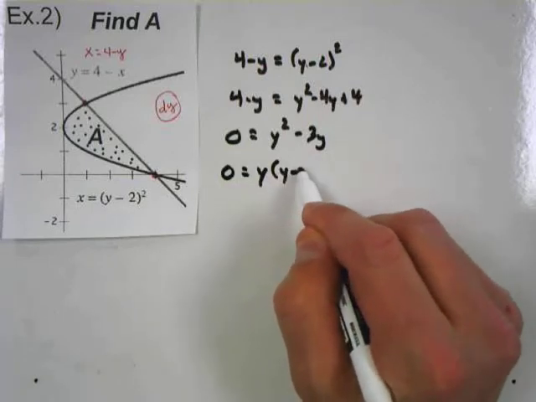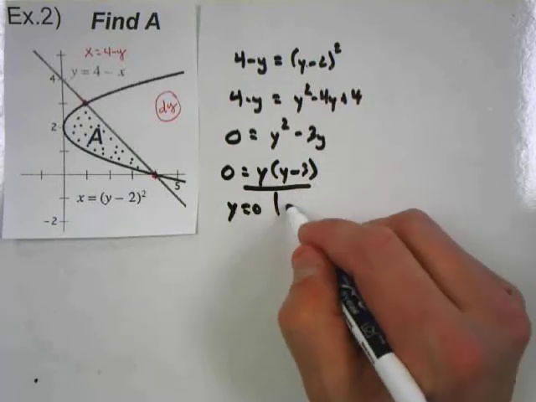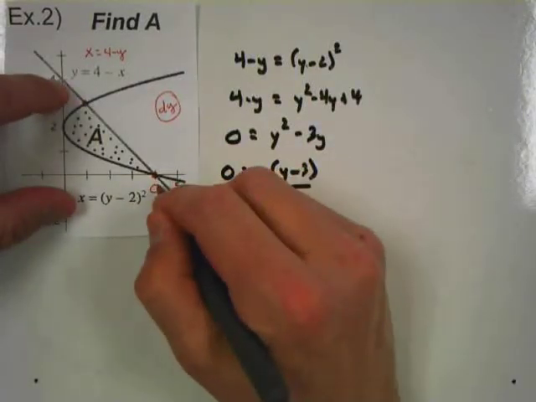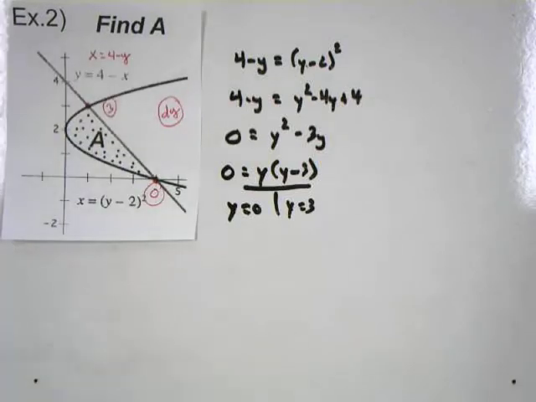So we get y times y minus 3. They will intersect at 0 and 3. So now I know when I integrate, I'm going to integrate from this y value, which is 0, all the way to this y value, which is 3.